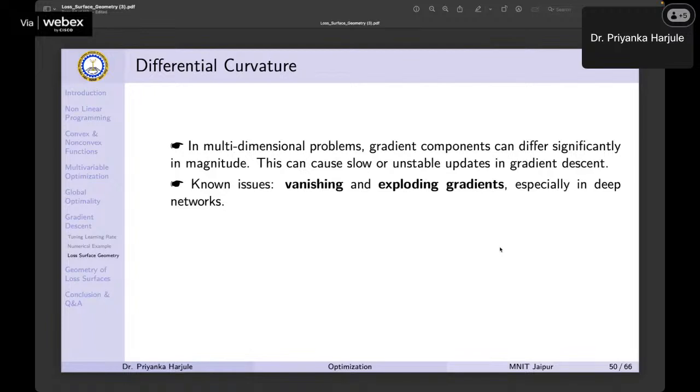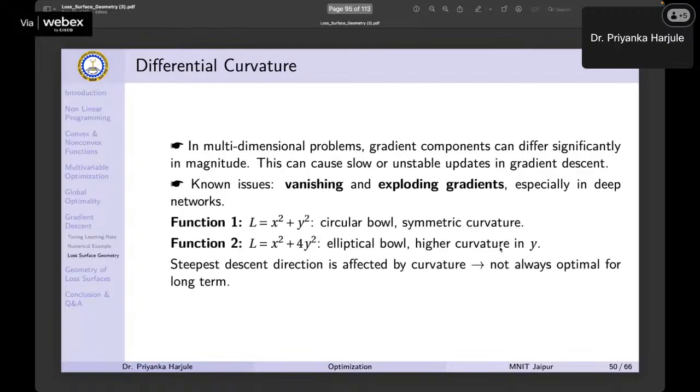This process of having large differences in the magnitude of the partial derivatives gives rise to what is called the vanishing and exploding gradient problem. So let us look at this with the help of simple convex quadratic objective functions.